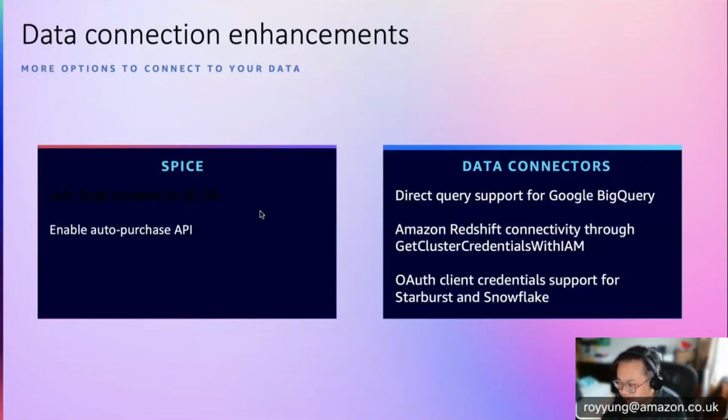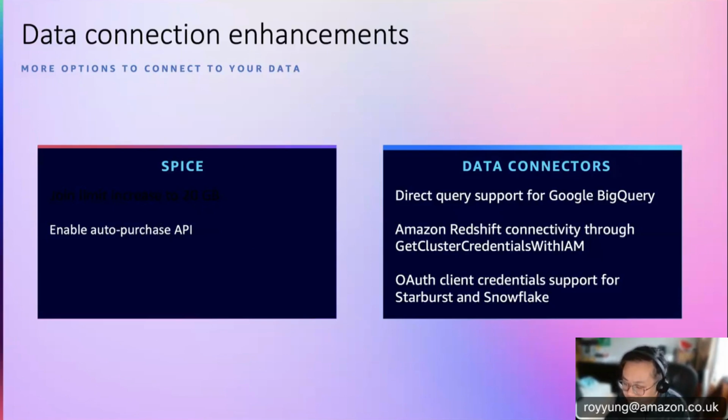So in some cases, if you are out of Spice storage, then your data refresh will fail because your Spice does not have enough storage, and your data source is adding more and more data. If you're out of storage, the data refresh will fail, and the dashboard is still there, but the data in the dashboard will be outdated because of the data refresh failure.